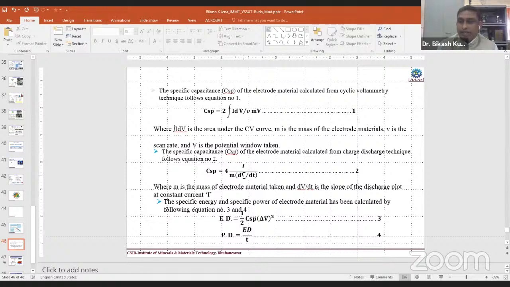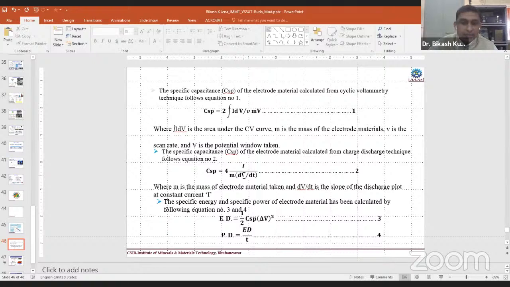Yeah, you have said rightly, sir, because when you calculate specific capacitance, we have to put the mass of the material in the denominator. That's why you have to develop nanostructured materials, and disperse these nanomaterials and make a slurry out of them, so that you can coat a very thin layer. The thinner the layer, the more the diffusing ions can reach all the material on your surface.